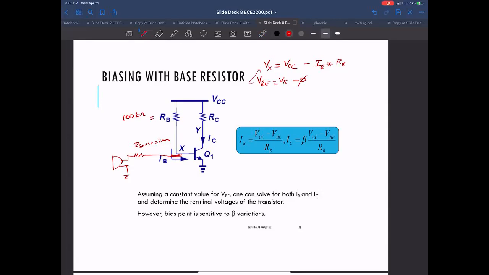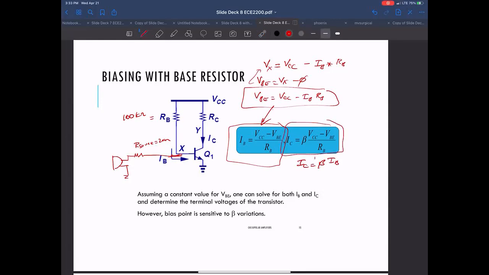And I can rewrite this by rearranging it to have IB equal to VCC minus VBE over RB. And the collector current is just beta times this I sub B. So that gives me this value, which is just I sub B times beta.